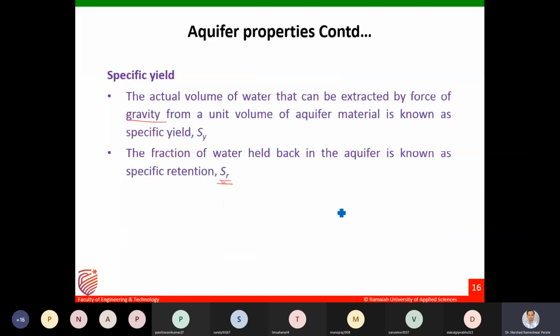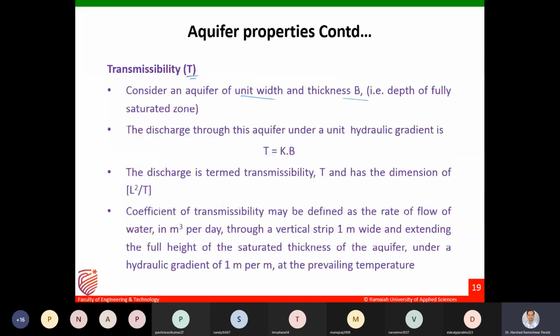If you consider the discharge through this aquifer under the unit hydraulic gradient, that is equal to T, is equal to K into B. So if you consider a system, this is my bottom and this is my groundwater level, this is my impermeable layer here.